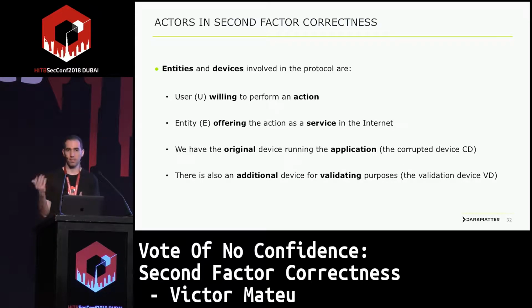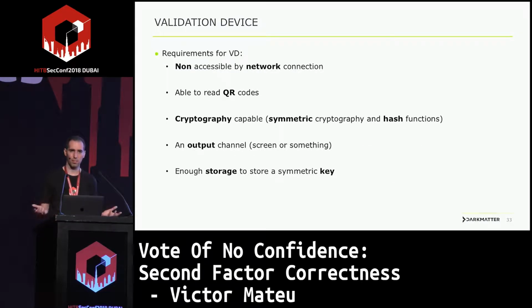And we need an entity, which is going to receive the petitions, the requests. Then we are going to assume, in this case, that we have a corrupted device. And we are going to assume that we have a secondary device that we are going to call the validation device.